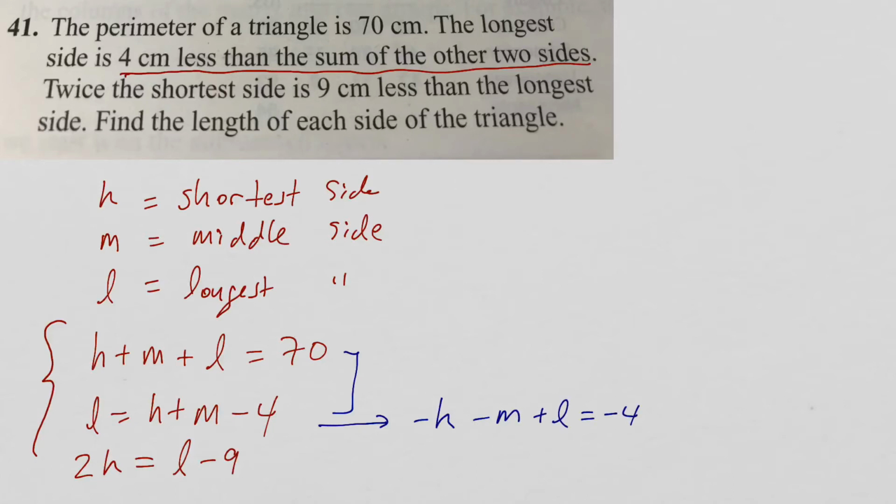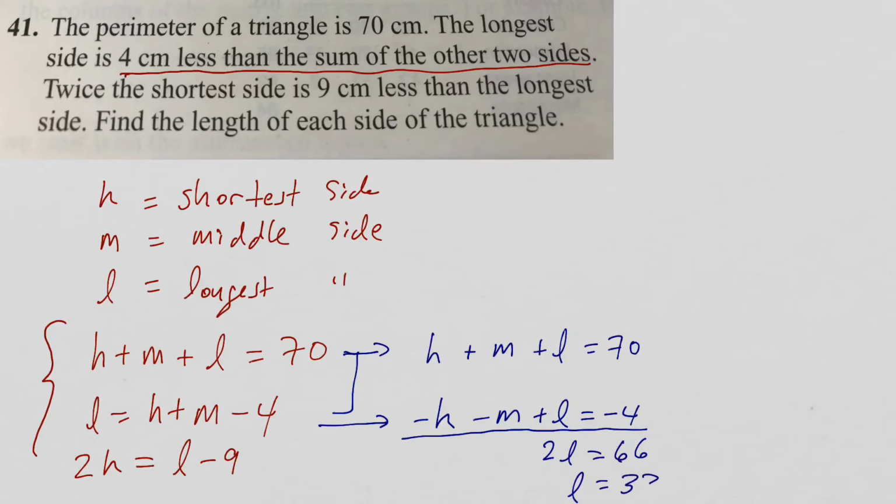That's just moving my variables to the left. And I'll just write this one down again. H plus M plus L equals 70. And I add these up, and I got rid of two variables. So I have 2L is equal to 66. So L must be equal to 33.